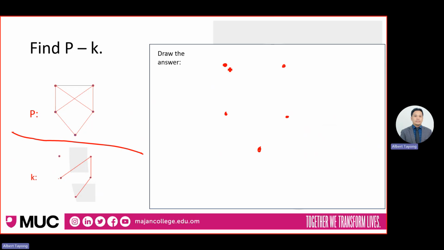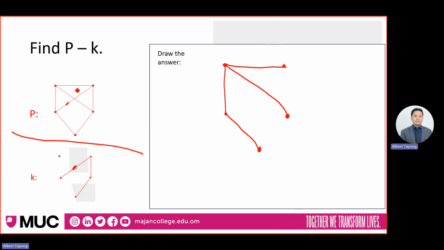So this one is not deleted. This one as well. It's not deleted. Okay. This line is deleted. But this line is not deleted. Okay. This line is deleted. This line is not deleted. Okay.